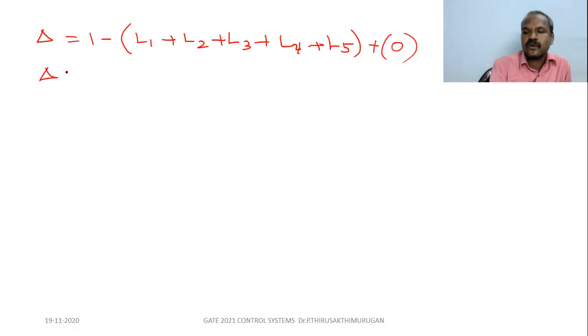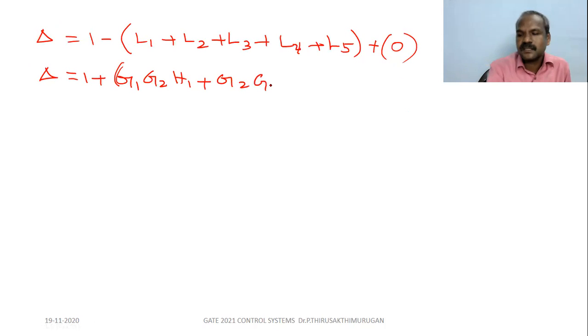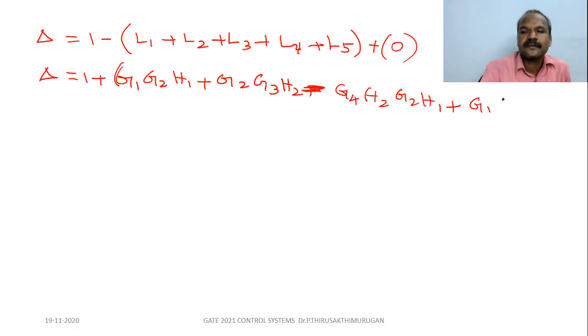So delta equals 1 plus G1, G2, H1 plus G2, G3, H2 plus G4 plus G2, G4, H1, H2 plus G1, G2, G3.